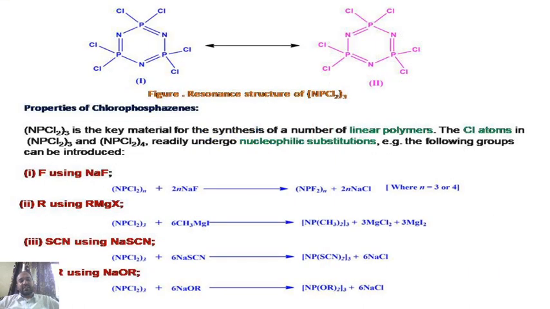Moreover, the cyclic trimer with n equal to 3 also exists as a resonance structure as shown in the figure.